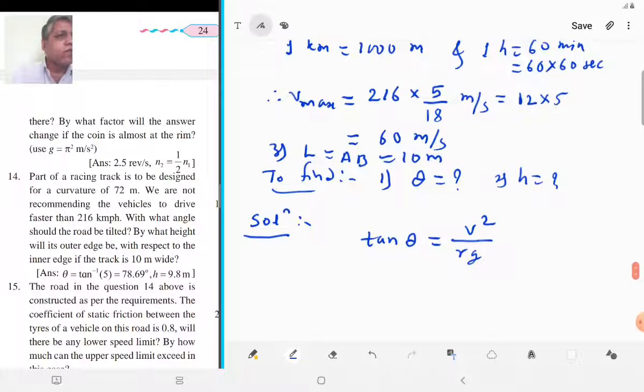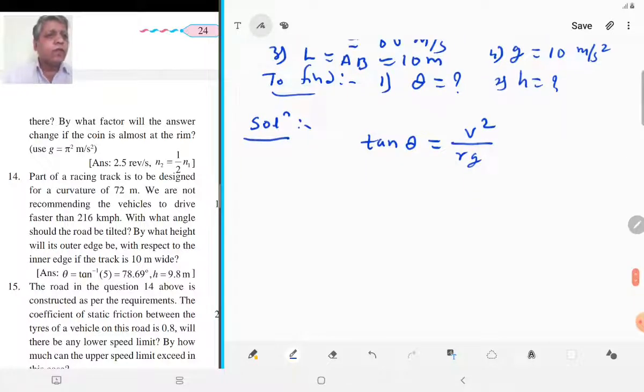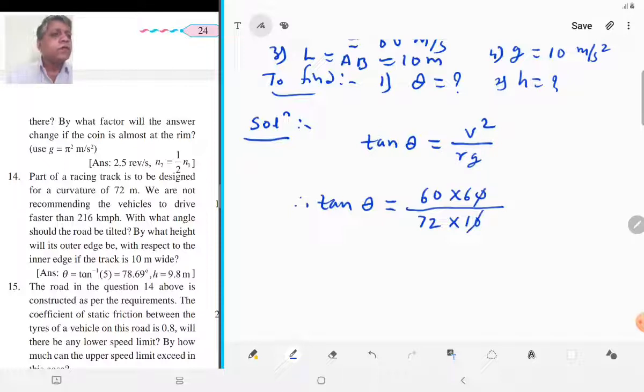That is our fourth given point, g is equal to 10 meter per second square. So here, tan theta is equal to 60 into 60 upon the value of R is 72 into g, that is 10, 0 cancel.